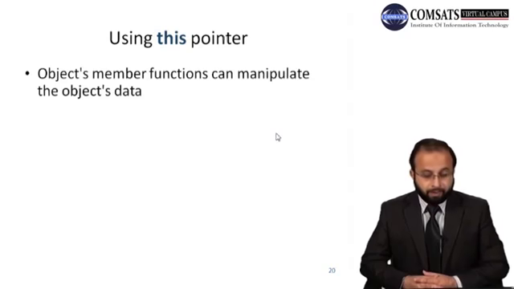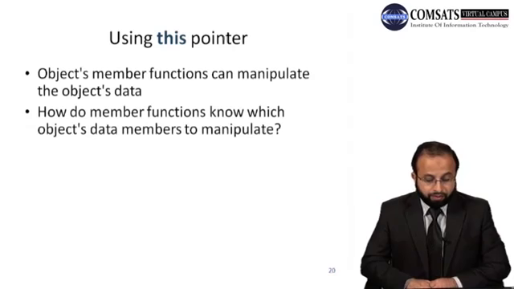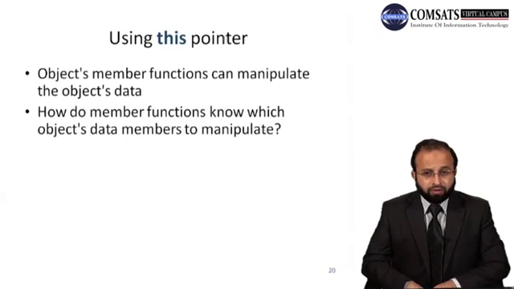Using the this pointer, an object's member function can manipulate the object's data. That is what we already know. How do member functions know which object's data to manipulate? You call the member function using some object, but you are not passing any information about the object to that function, right? So what is the mechanism to get access to the private data members of the class?